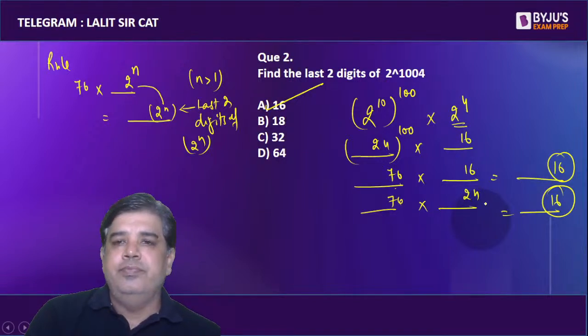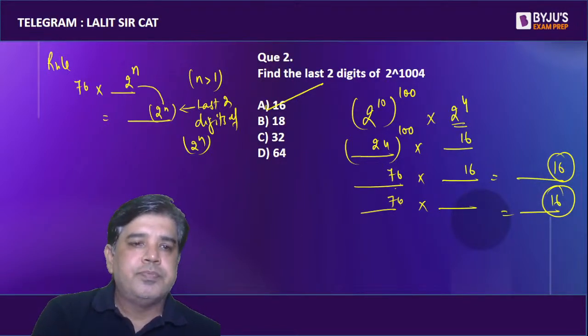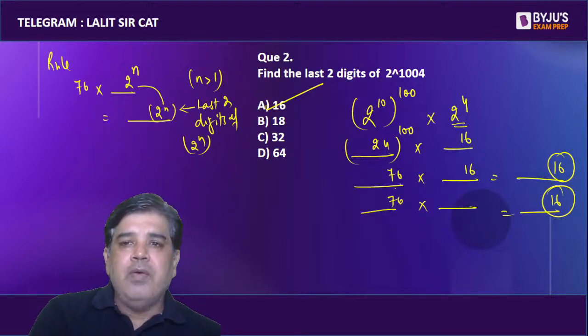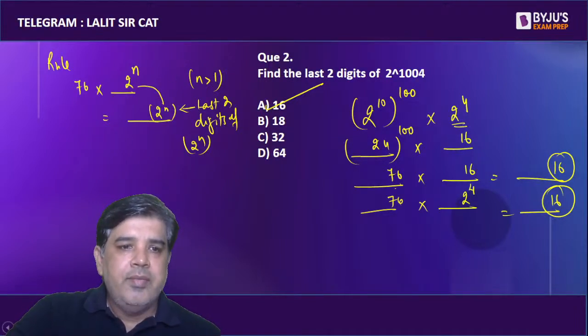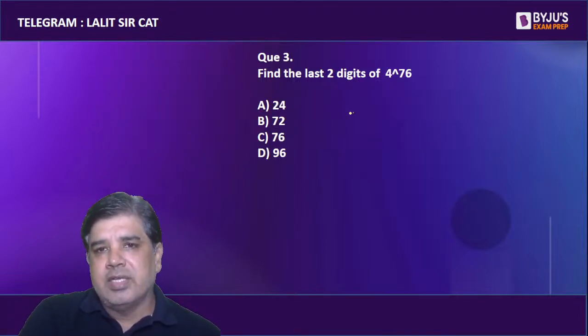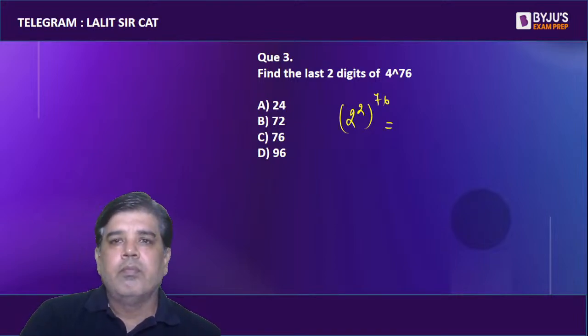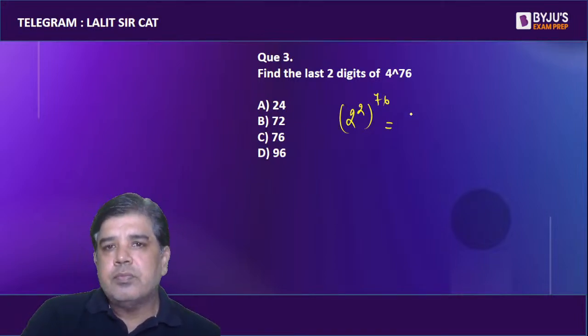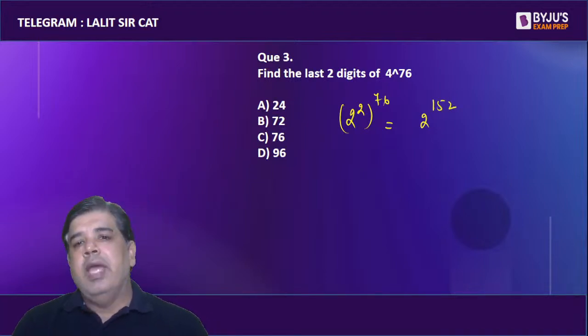So simple. But this rule is applicable for the numbers where the power of 2 is more than 1. Next, 4 raised to power 76. 4 itself is 2 raised to power 2. So we get 2 raised to power 152 as the total power.